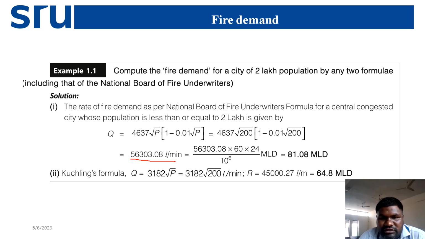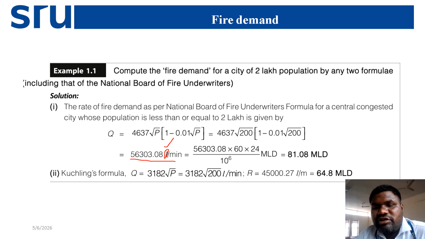Here we need to convert liters per minute to million liters per day. How to convert? 1 million liter is equal to 10 power 6, so 10 power 6 comes in the denominator, and the minutes we need to convert to days.